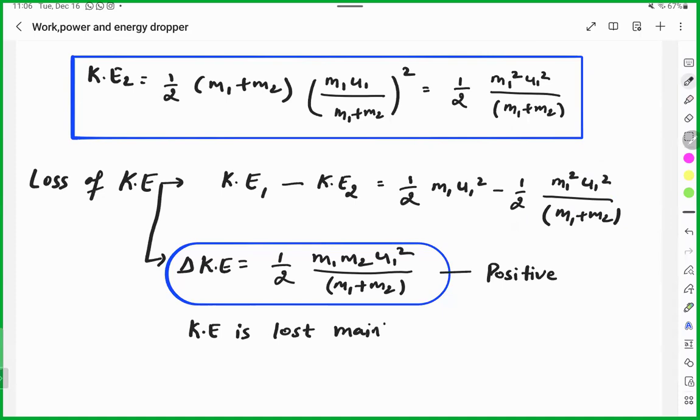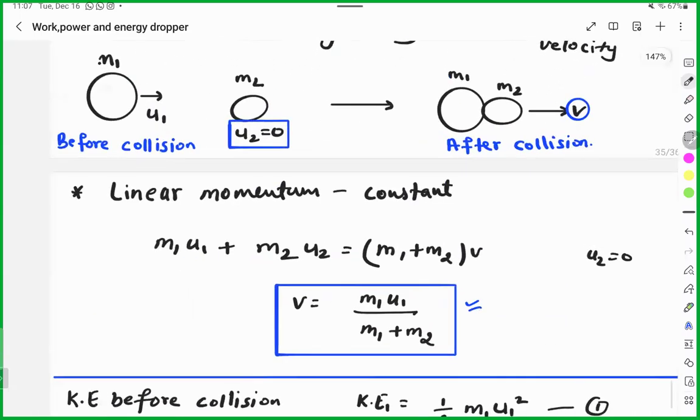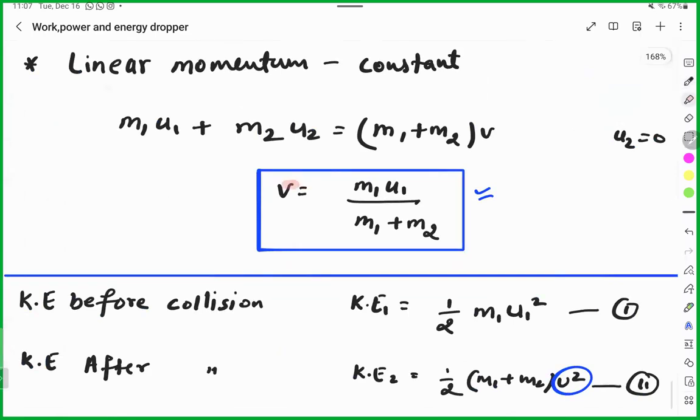Mainly, some light is produced, some sound is produced, or some heat is produced when they stick together. But the majority of the time they will ask questions only from this.